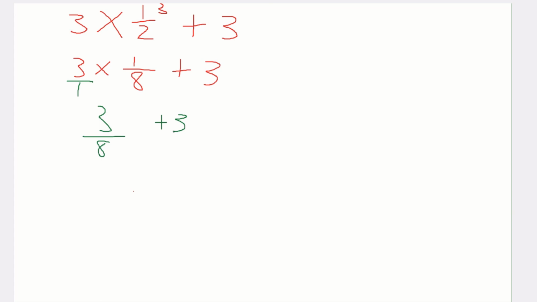We're left with 3 over 8 plus 3. So we're going to add this one now. And of course, our answer would be 3 and 3 over 8. And you know that this is a mixed fraction.